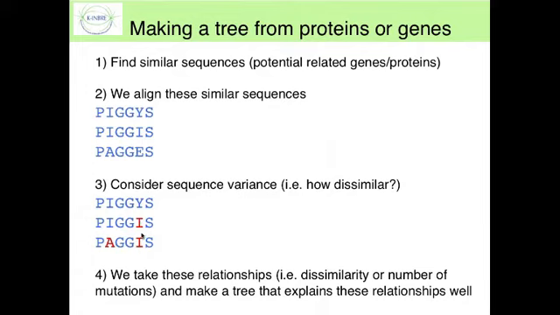So altogether, the first and the third sequence are the most dissimilar from each other, and the second sequence is equally similar to both the first and the third. So our fourth step, after we've tallied our dissimilarities or number of mutations, is to take those relationships and make a tree that explains the relationships between these sequences well. So if we made a tree out of this, we would want the first and the third sequences to be farthest apart from each other.